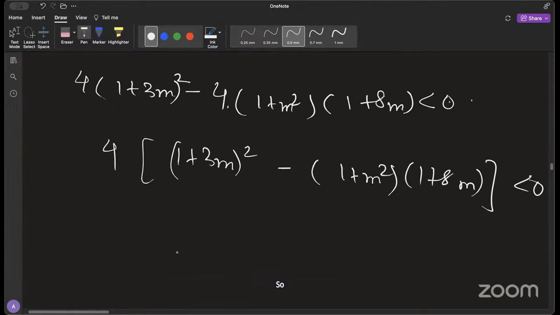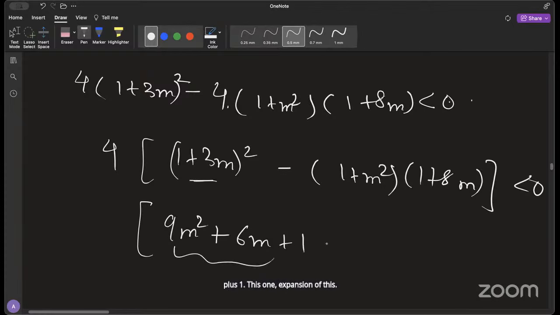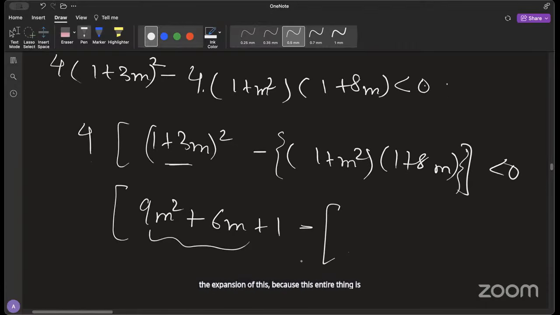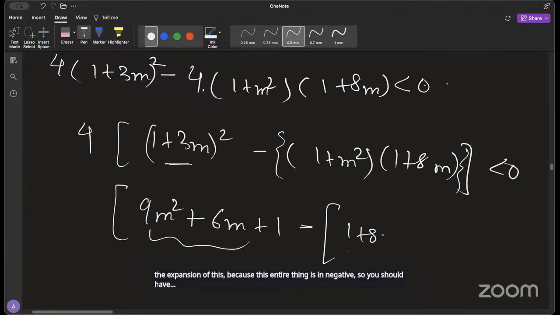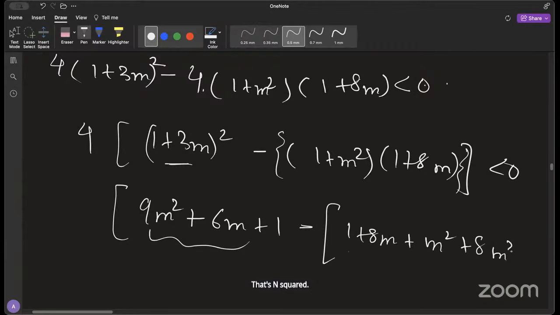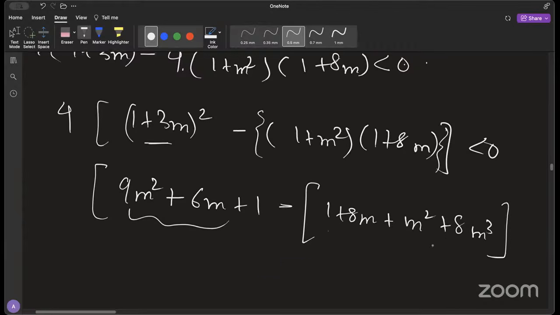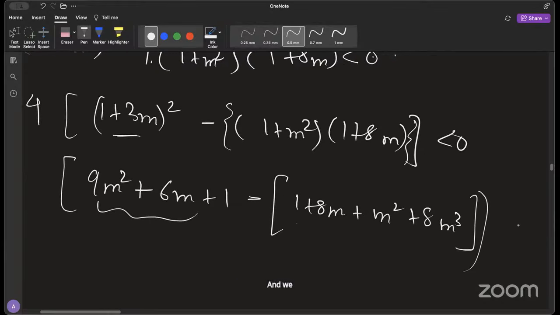If we solve this, this is going to be 9m squared plus 6m plus 1, the expansion of this, and then minus the expansion of this because this entire thing is in negative. So you should have 1 plus 8m plus m square plus 8m cube. And we want this thing to be less than 0.